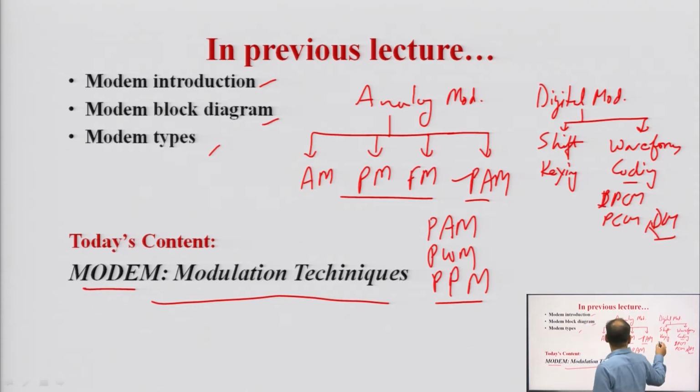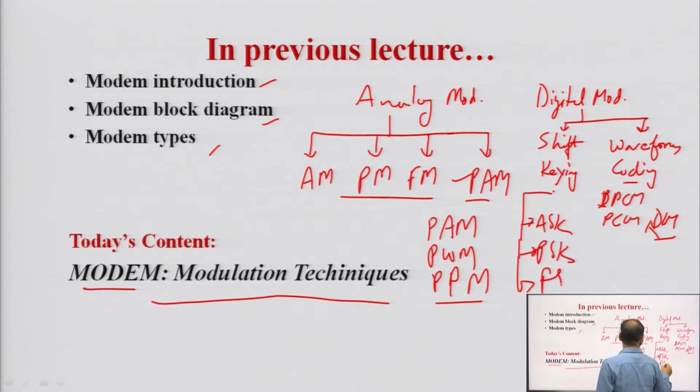Similarly, the shift keying techniques are further divided into ASK amplitude shift keying, PSK phase shift keying, FSK frequency shift keying. Other than that, QPSK and MSK shift keying techniques are also utilized.